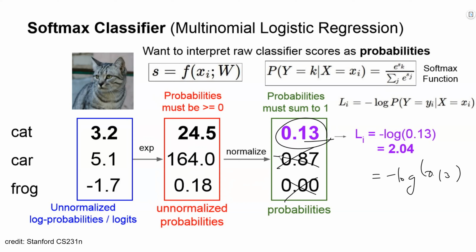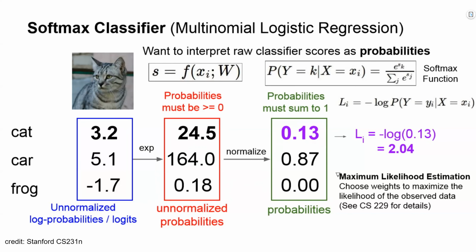And we do not care about the scores of other classes, because if this number is not 1, that means this classifier is confused. So we want to reduce other probabilities, but maximize the probability of the ground truth label. And this is something called maximum likelihood estimation. I'm going to give you a detailed example of what maximum likelihood estimation is in the following slides.